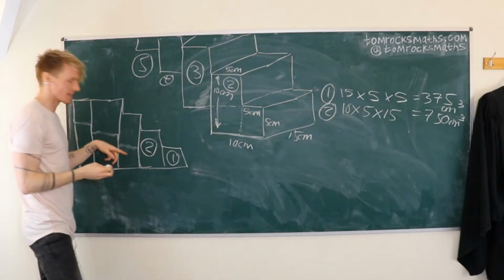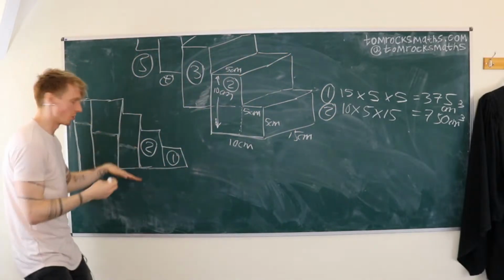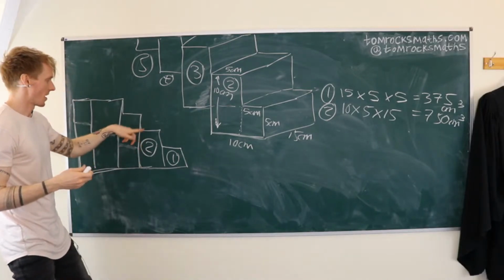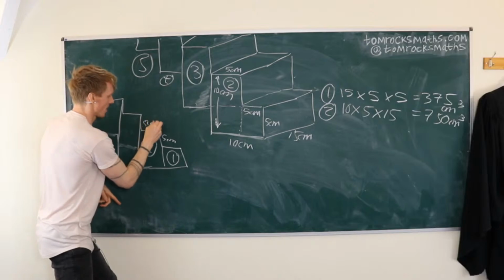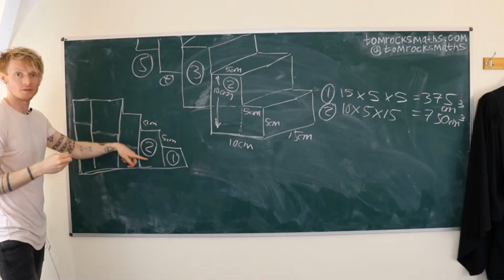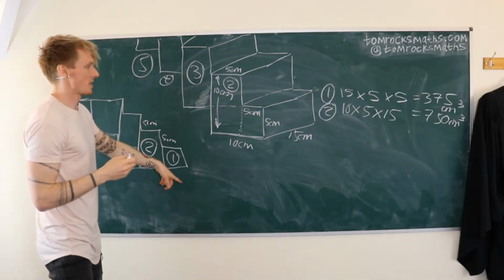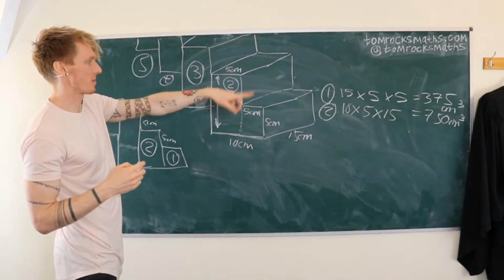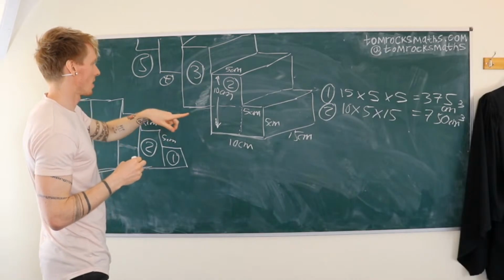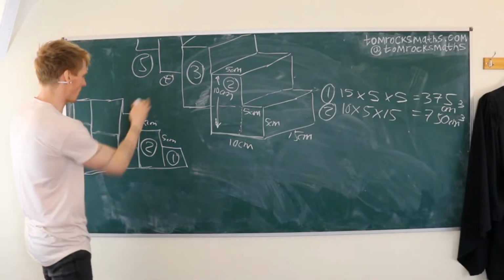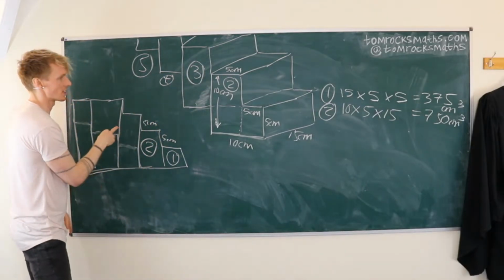And if you're adding in these extra ones and we want to go all the way down to the ground, then what we're doing each time is just adding on a 5 centimeter extra piece from the one before. So we started with 15 times 5 times 5, then we went to 10 times 5 times 15. So what we're going to have this time is still 5 and 15, but now another 15.